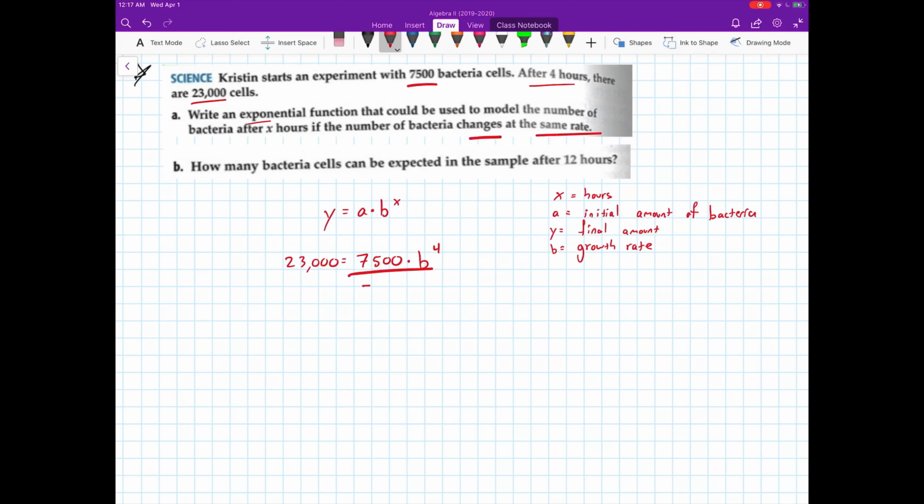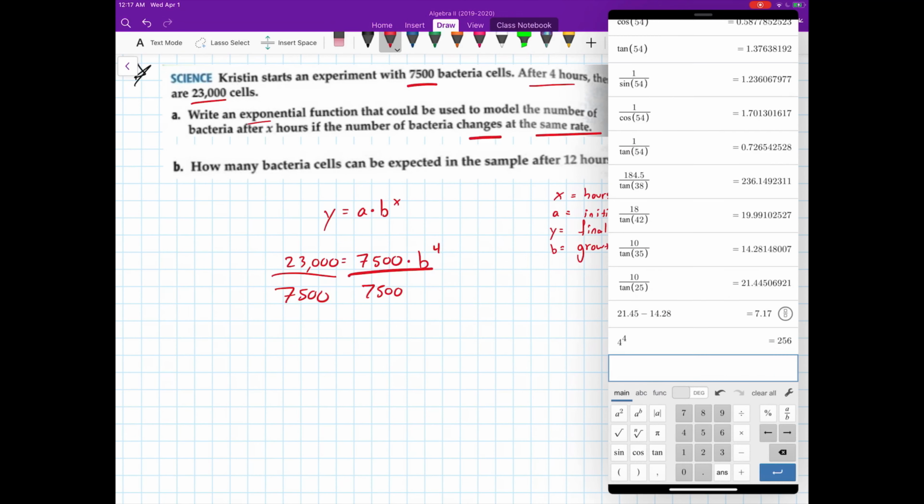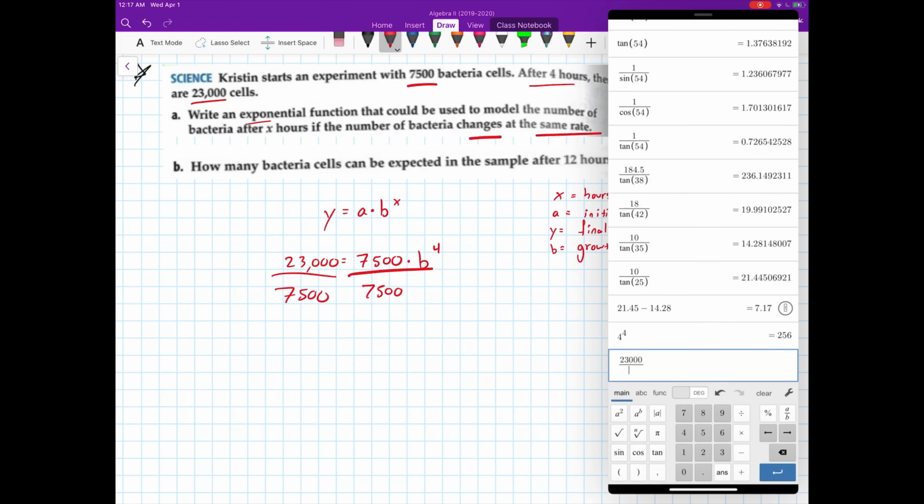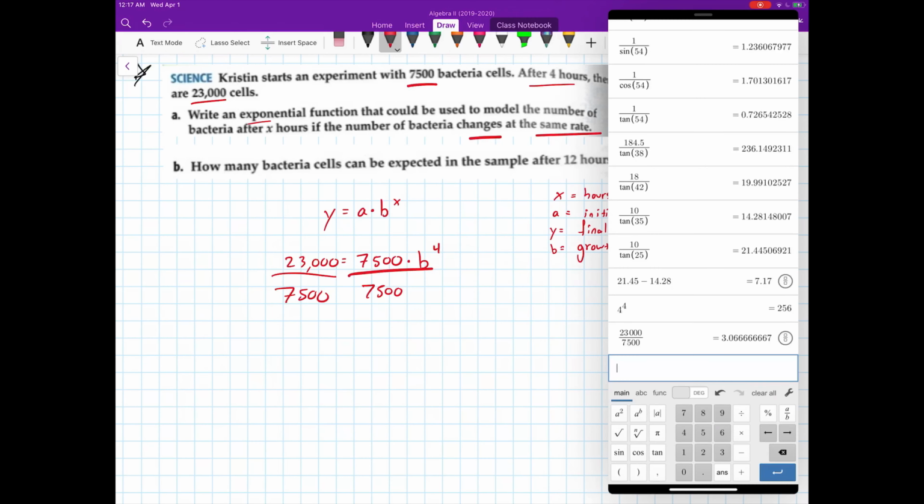So divide both sides by 7,500, and we get 3.07, we'll round, is about equal to b to the 4th.